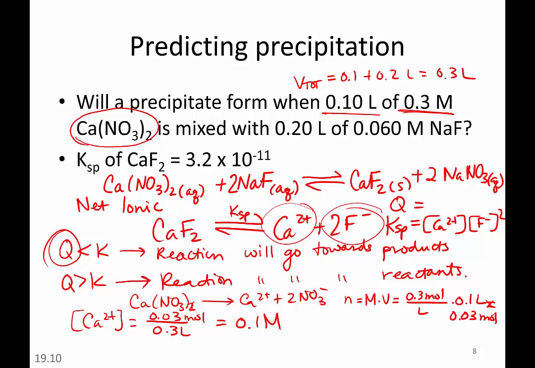And then we'll do the same thing for sodium fluoride, and it's also a 1-to-1 ratio between sodium fluoride and fluoride.